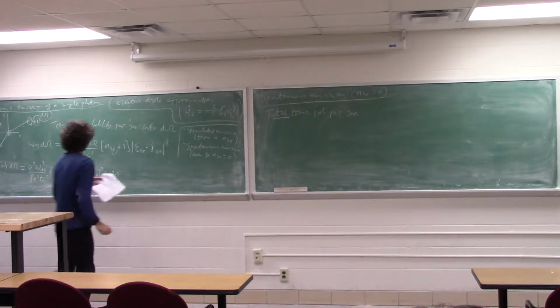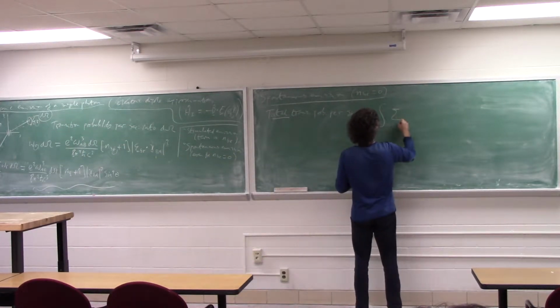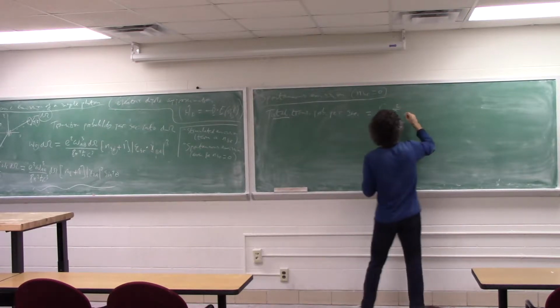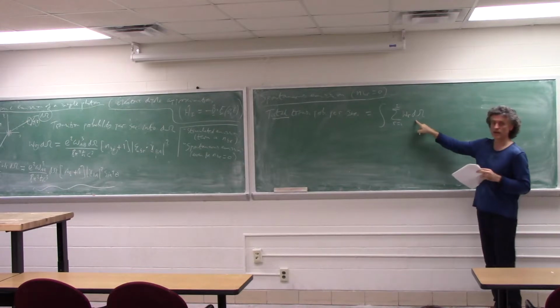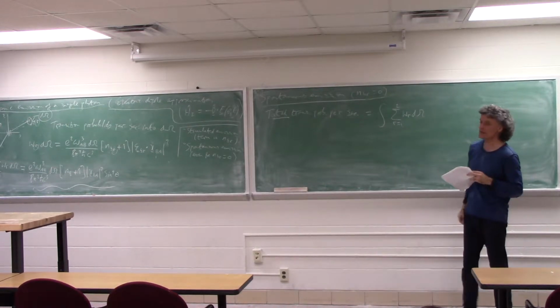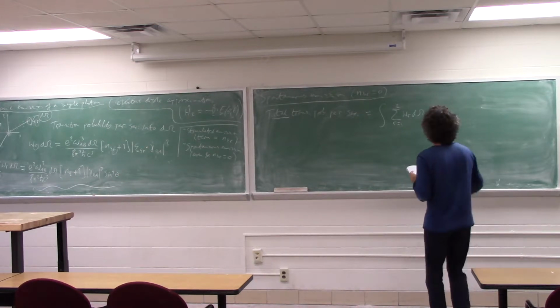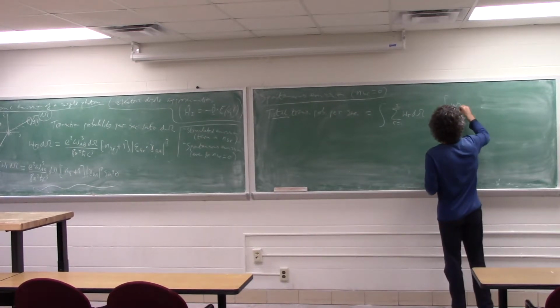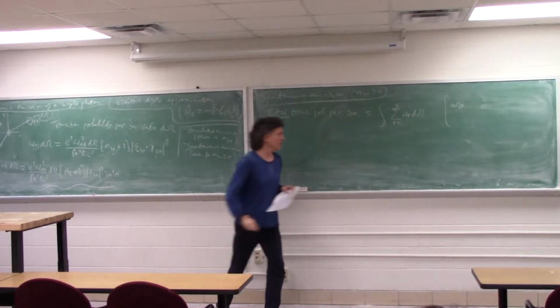is going to equal the integral. So I've got my sum here from r is 1 to 2. This was the transition probability per second into d omega. I have to integrate over d omega. So now use the fact that here we've got a sine squared theta.